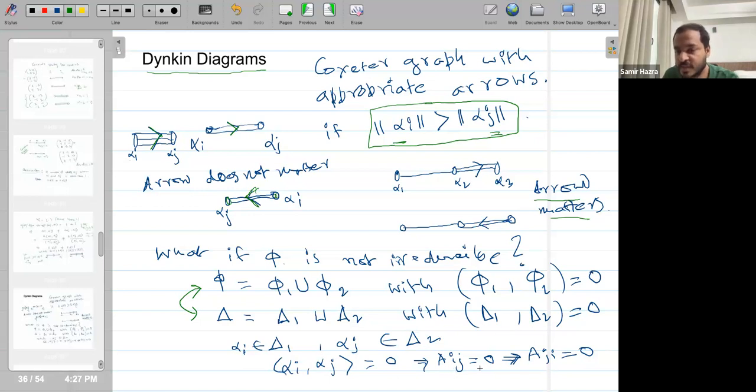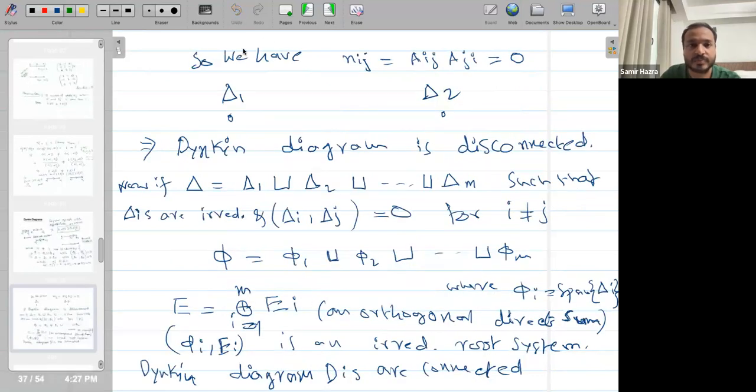And if Aij is 0, we know that Aji must also be 0. Then what is Nij, right? So if Aij is 0 and Aji is 0, what is Nij? Basically, in this case of a reducible root system, Nij is Aij times Aji, which equals 0. Okay.